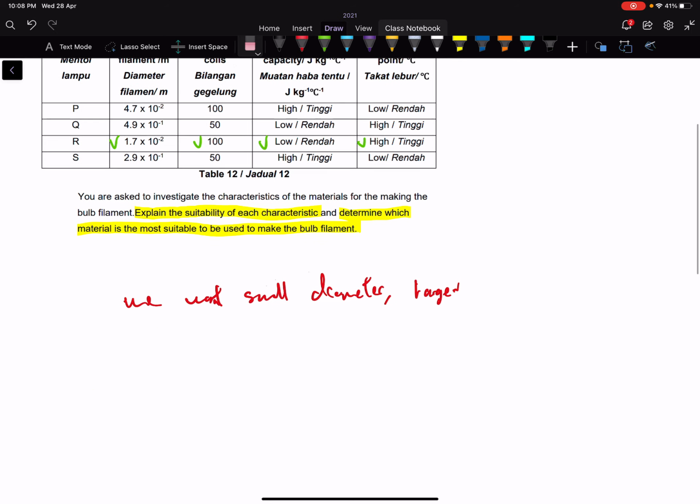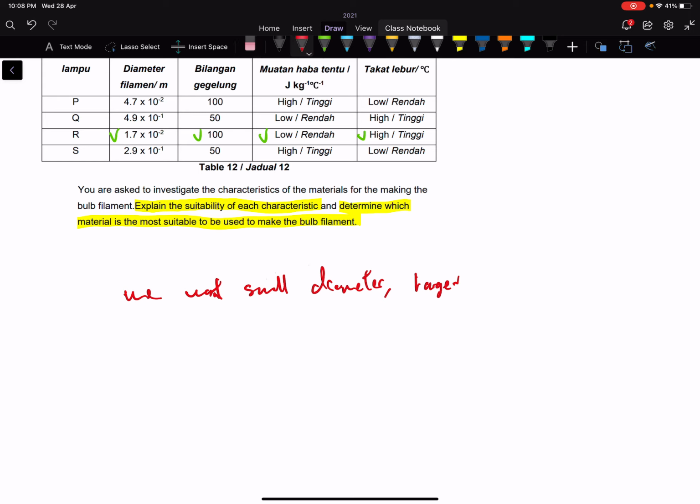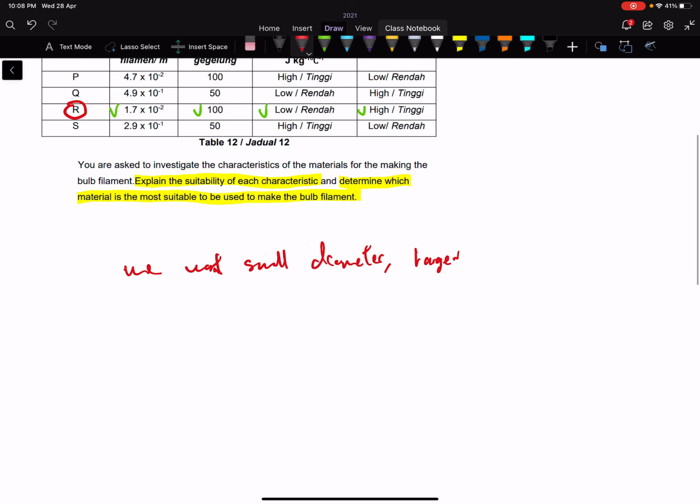Another common thing some students do is name which one they choose first. I'll advise you not to do that, because sometimes the examiner sees, for example, "the filament of choice is Q, reasoning because blah blah blah."